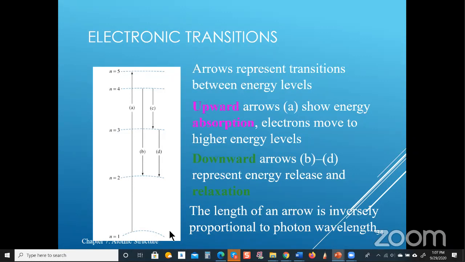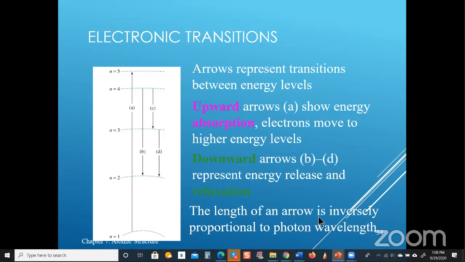On the other hand, the downward arrows represent what happens when the electrons fall from higher orbits to lower orbits, and that will correspond to energy release, which is of course relaxation. So going from n equal 4 to n equal 2, or from n equal 4 to n equal 3, or from n equal 3 to n equal 2, these are all examples of absorption.